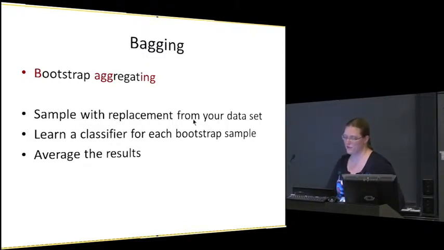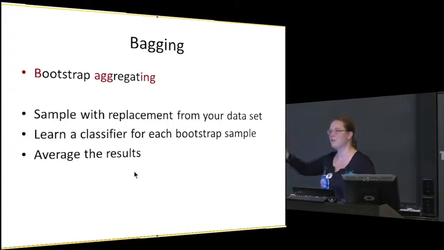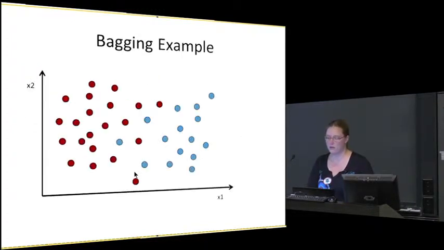This is the bootstrap. Then you train a classifier on each of these bootstrap samples, and then you just average them. The only randomness between the different decision trees is not the parameters I talked about. It's just that they've all seen a slightly different version of the data. That causes them to look slightly different, and that gives your ensemble more power.